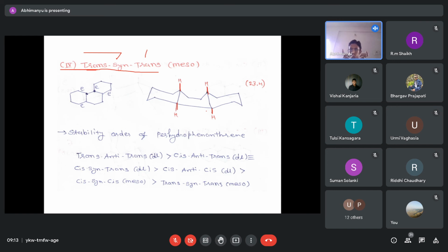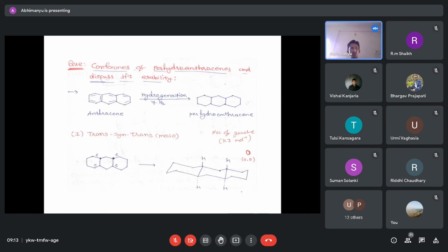It's really difficult to form these kinds of structures. Right, but the trans structure is this one. So the stability order of the perhydrophenanthrene as we drew: always the trans structure, trans anti trans, what will its energy be? High. After that cis anti trans, cis syn trans, cis anti cis and the last one is trans syn trans, meso. So this is the stability order of the different conformations of perhydrophenanthrene.